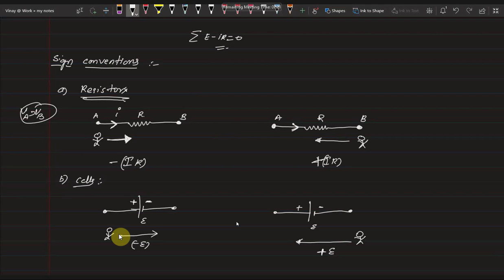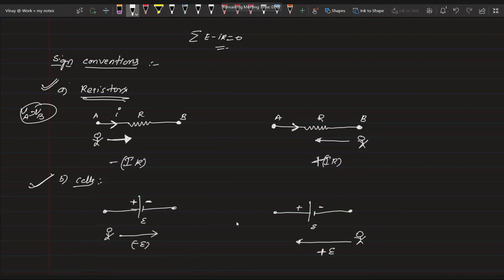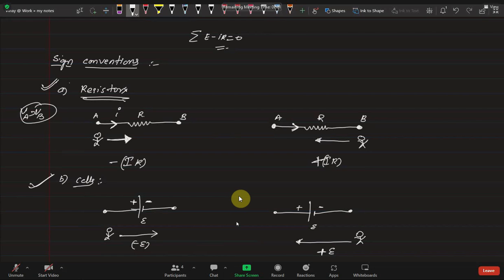So try to memorize or understand or else remember these two concepts, then we will do some problems based on this concept. I will tell you which kind of problems we have to solve based on Kirchhoff's law, then you will understand easily. So please note these points.